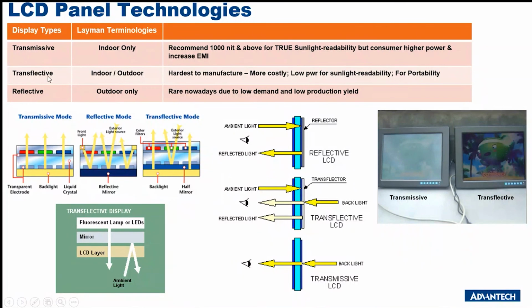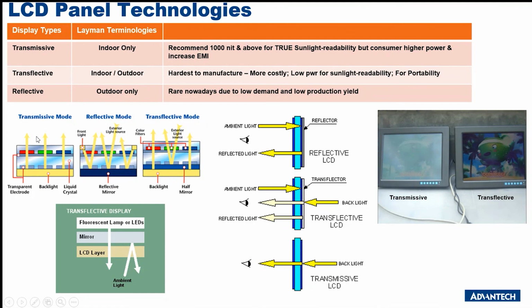Then transmissive is the most common, but this is indoor only because transmissive has a backlight. See here, the backlight shines through the screen, brightening the LCD, and then the image comes out.